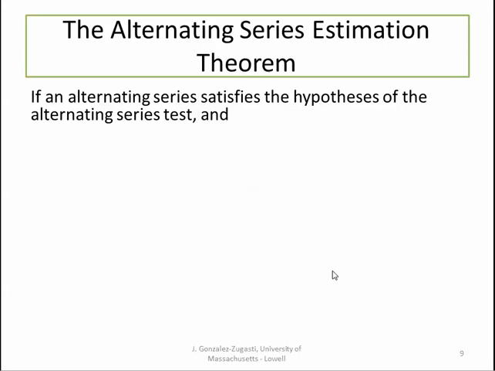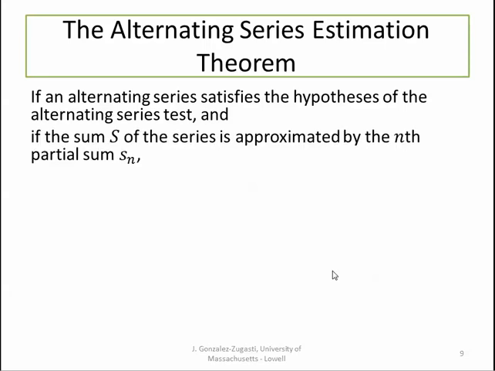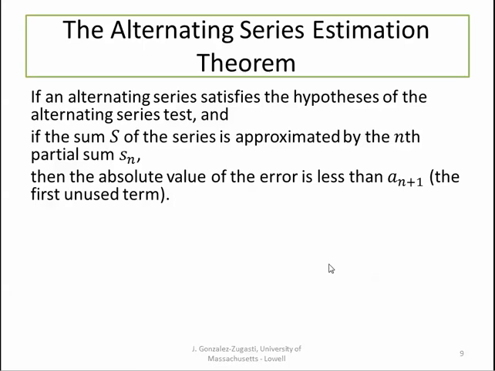It says if we have an alternating series that satisfies the hypotheses of the alternating series test, so the terms are non-increasing and the limit of the terms goes to 0, and if the sum of the series is approximated by the nth partial sum, s sub n, then the absolute value of the error, meaning the difference between s and s sub n, is going to be less than our n plus first term, or the first unused term.